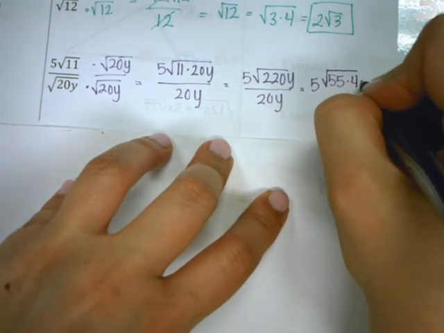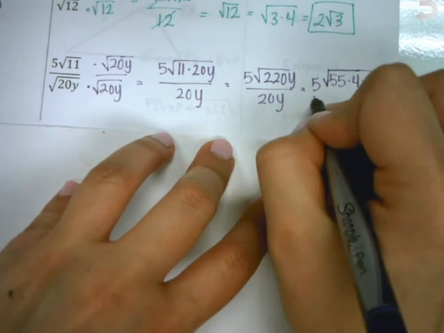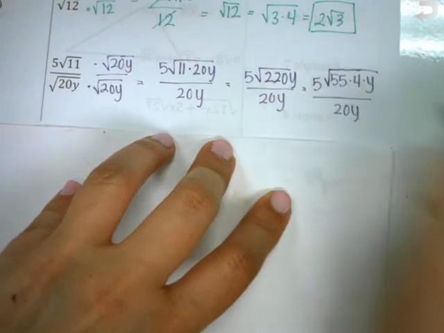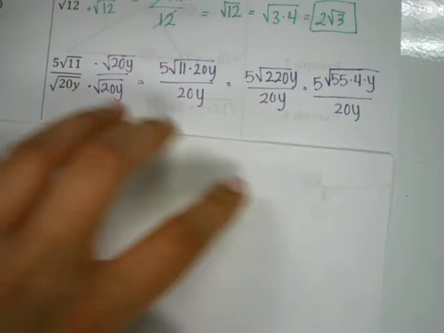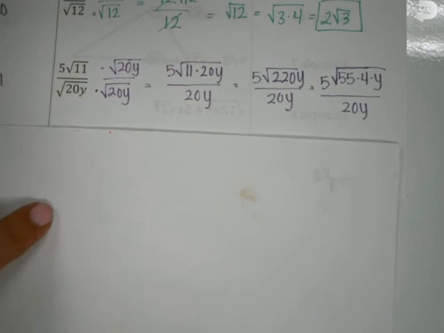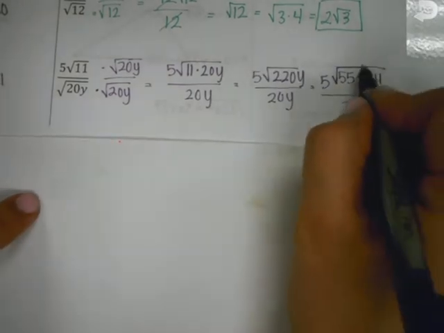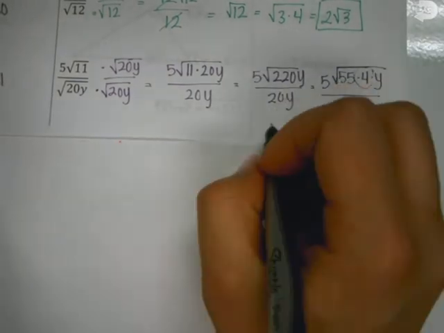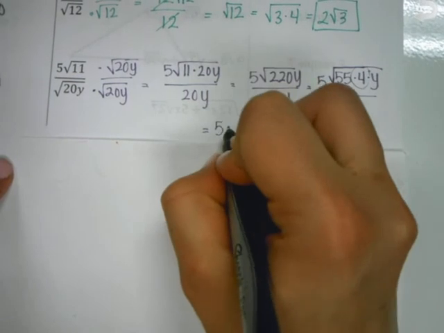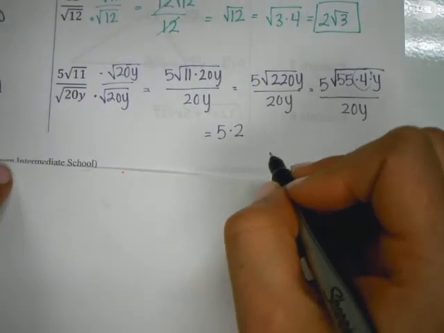So what can I pull out? The 4, and square root of 4 is 2. So this is 5 times 2 square root 55y over 20y.